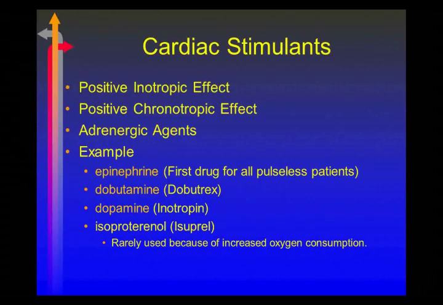If I have somebody who has a reduced blood pressure that I want to improve, I can place them on an epi drip, a dobutamine drip, or a dopamine drip. These are all adrenergic agents that improve blood pressure. Somebody who's hypotensive would get one of those drugs. They improve blood pressure by improving contractility. So far, so good?